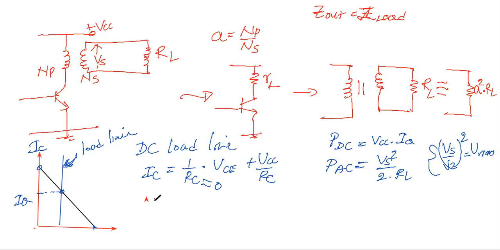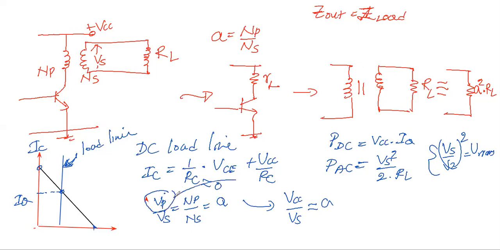Now, Vp divided by Vs is proportional to the turn ratio, Np divided by Ns, which equals the turn ratio A. Therefore, you can write down VCC divided by Vs equals A. Here, Vp is equal to VCC.